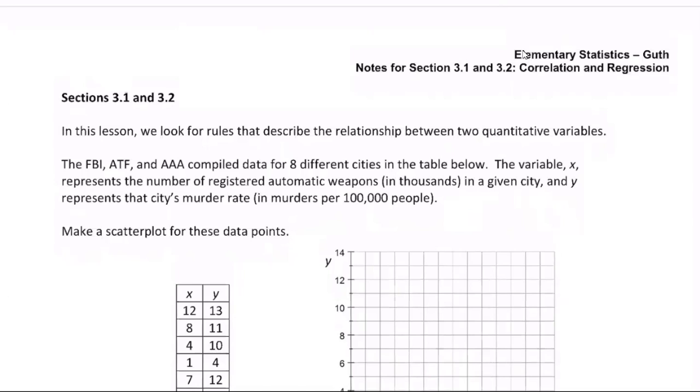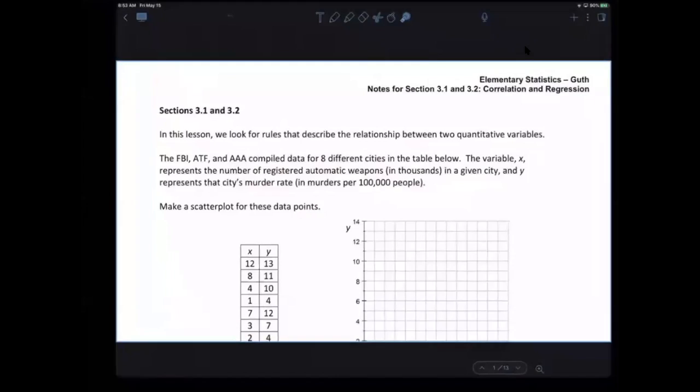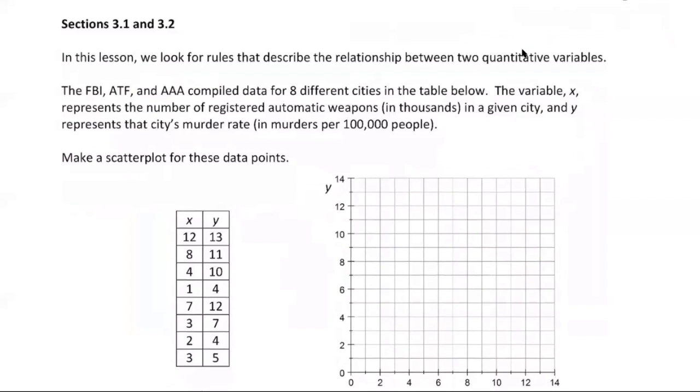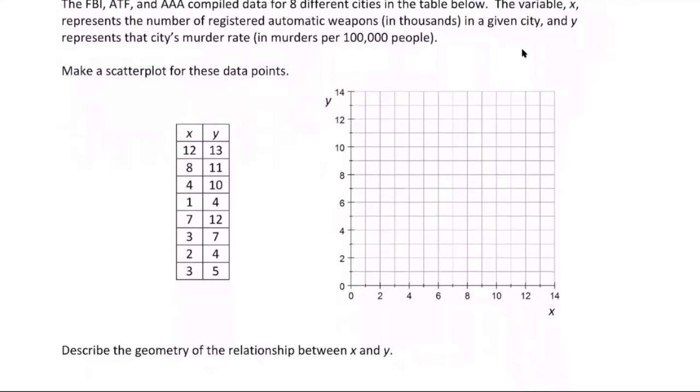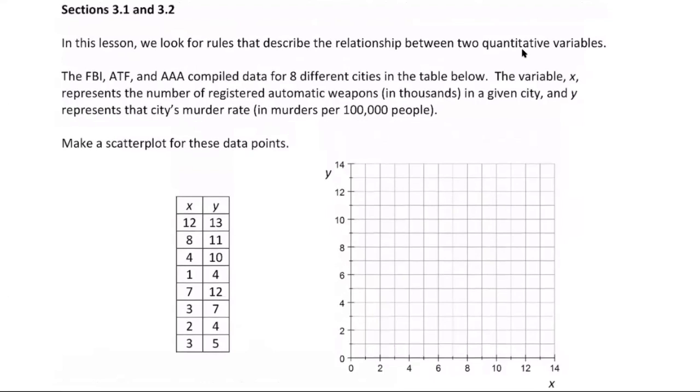What we're working on now are quantitative variables. But there's going to be two variables. So if you look at the example here, just looking at the numbers, there's a variable x and a variable y, and we're going to try and find out when one variable affects another.